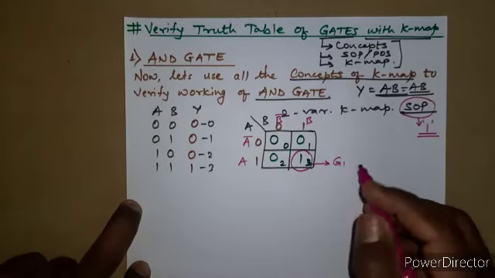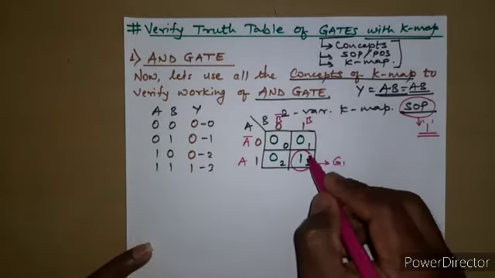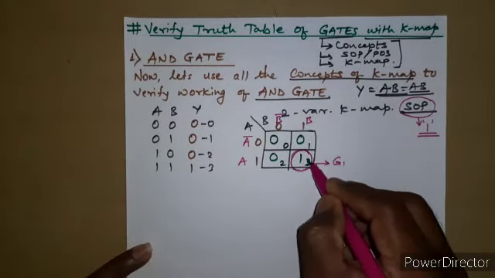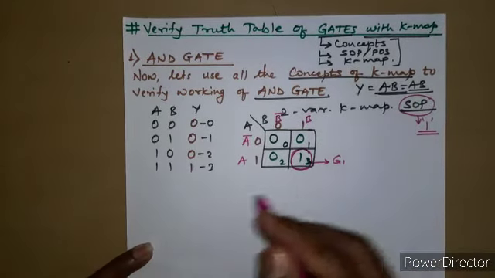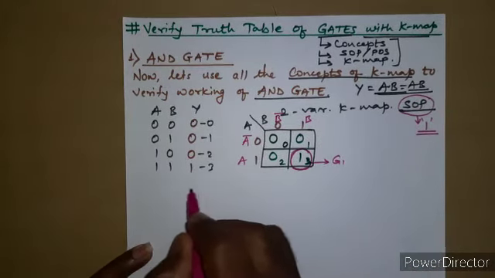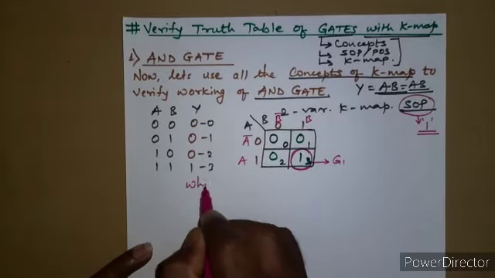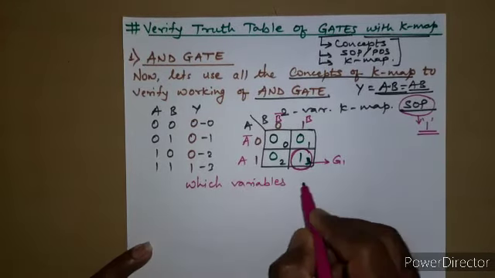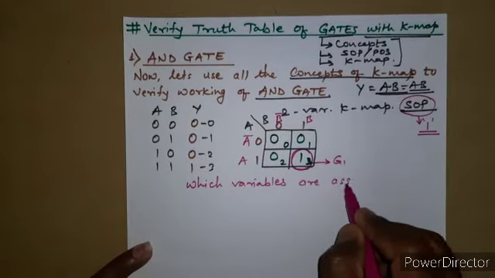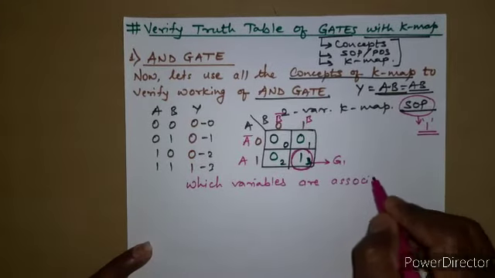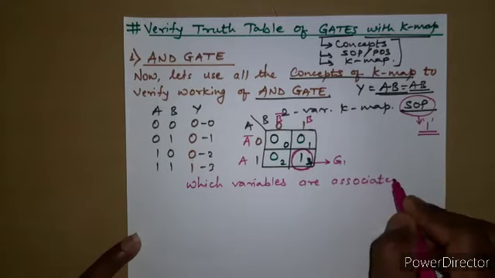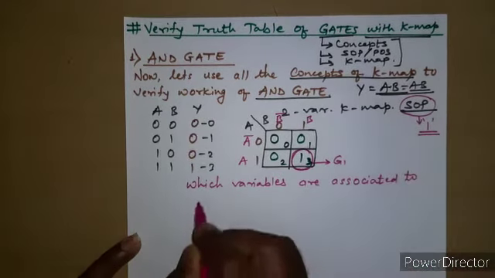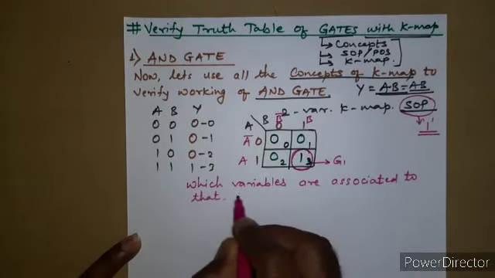Group 1, right? Now when you group this, the next step is you have to see which variables are associated to that group.